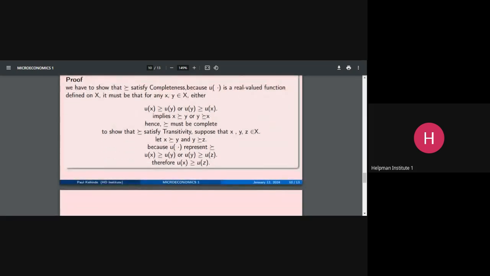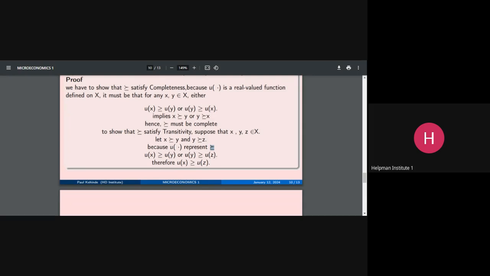So I will also prove the transitivity by picking any three elements from my set X. Therefore, I will have X is at least as good as Y, and Y is at least as good as Z. Then, because this function, which is defined on the real numbers, represents the rational preference, I will have utility of x exceeds utility of y, and utility of y exceeds utility of z.